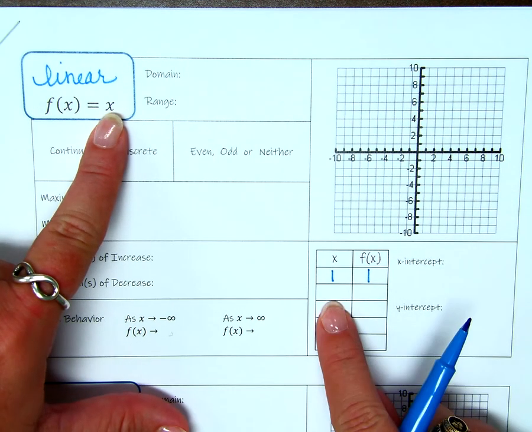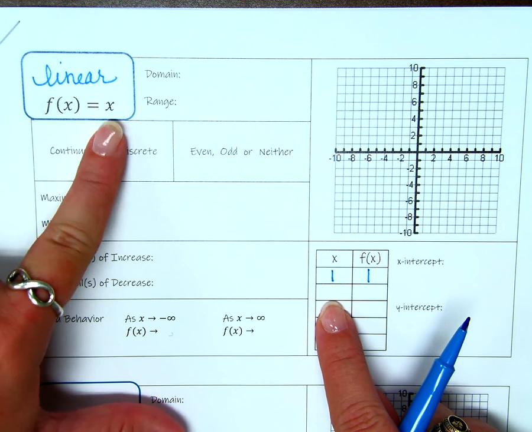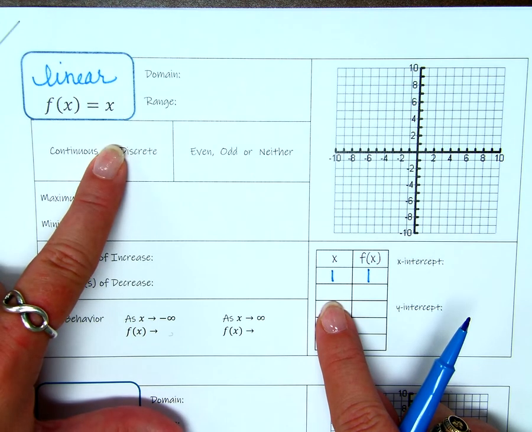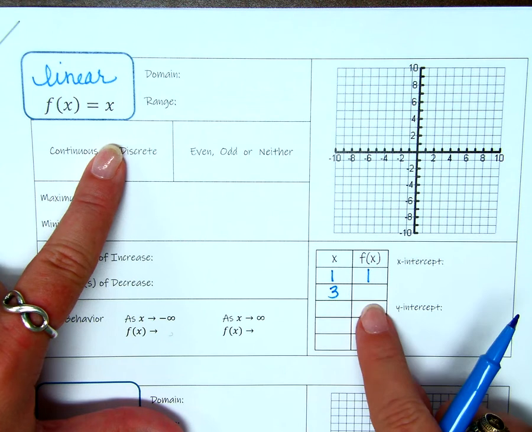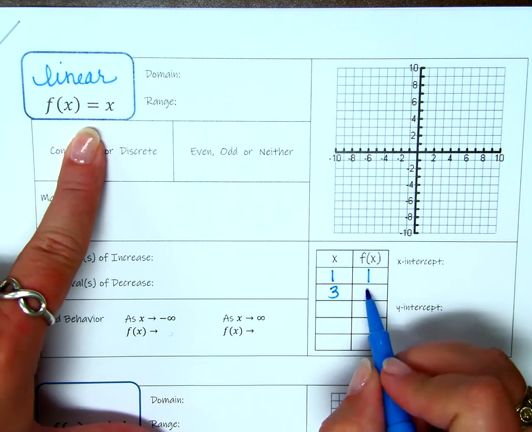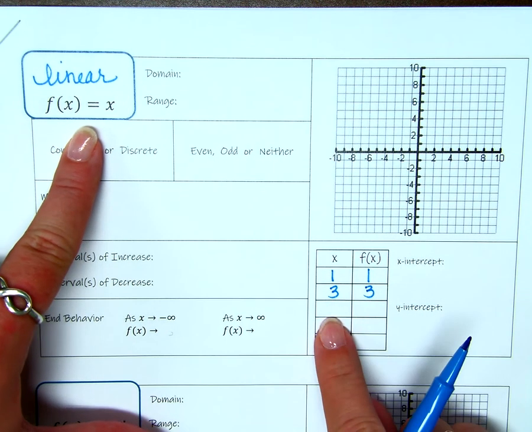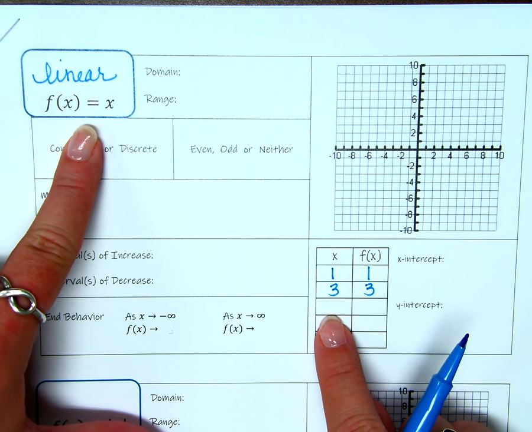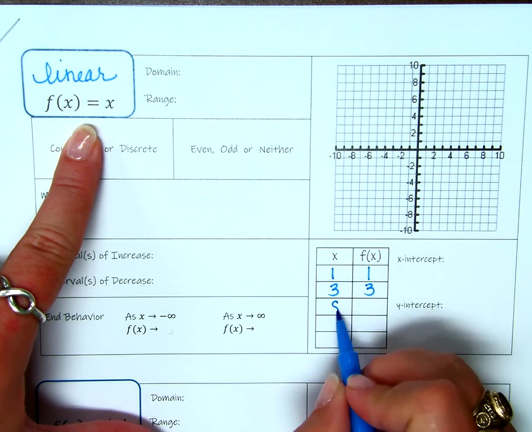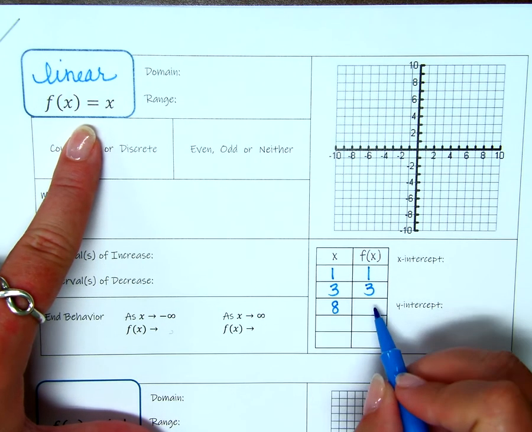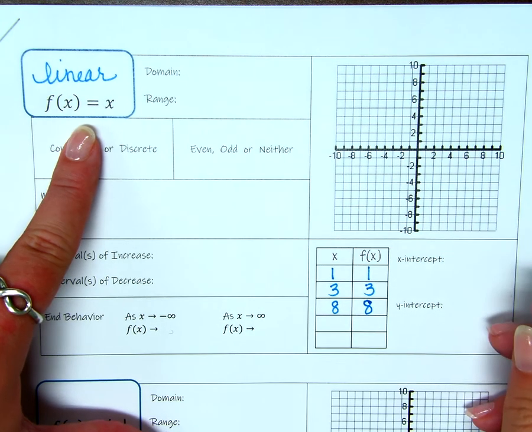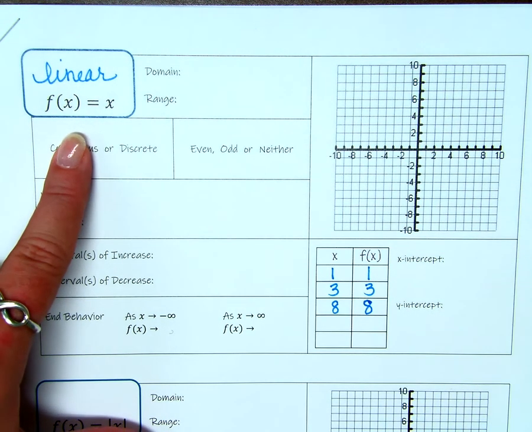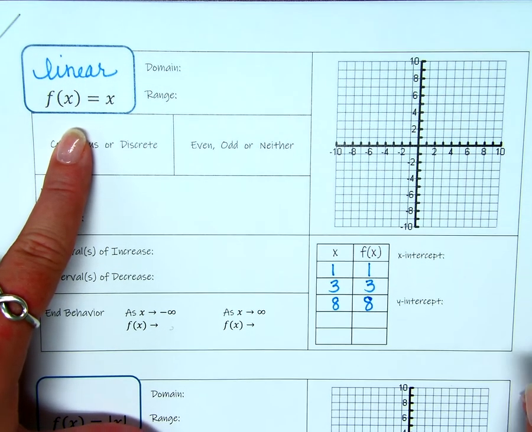Okay, somebody else give me another x value. 3. If x is 3, what is y? 3. Another x value. Somebody else. 8. If x is 8, what's y? 8. What else? 9.